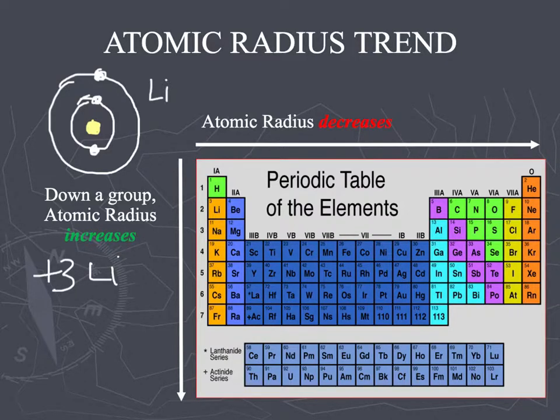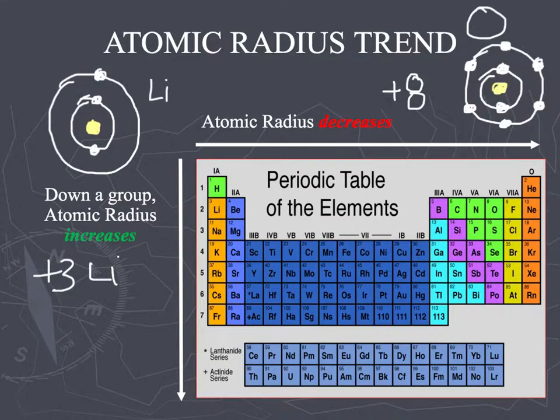Now let's draw an oxygen atom. Okay, I've drawn an oxygen atom over here. What I can show you now is that you have a +8 nuclear charge, right? There are 8 protons in it, and it's in the same period as lithium, so we're looking at the same type of energy level.